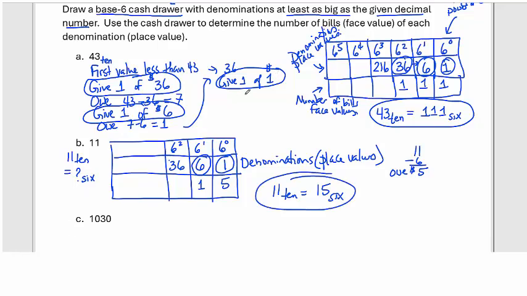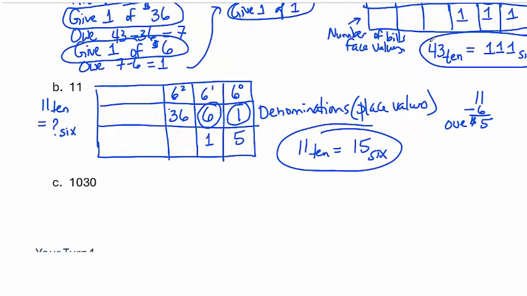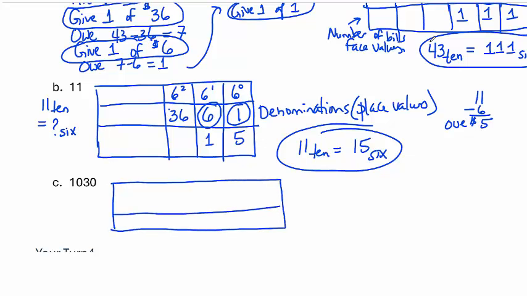All right, let's try a bigger number, 1030. Okay, so I'm going to have some higher powers here. Let's see how high we have to go. Remember, we're starting all the way over on the right with the 6 to the 0, which is 1. We need 6 to the 1, which is 6.